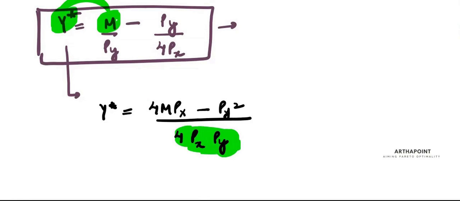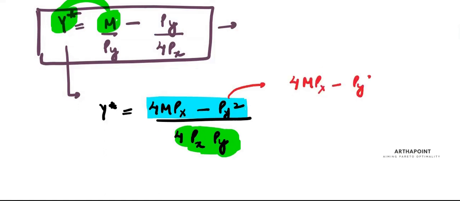But let's just for a second think about the numerator that we have here. The numerator can be negative, 0 or positive. What if this numerator 4mpx minus py square is either 0 or less than 0?